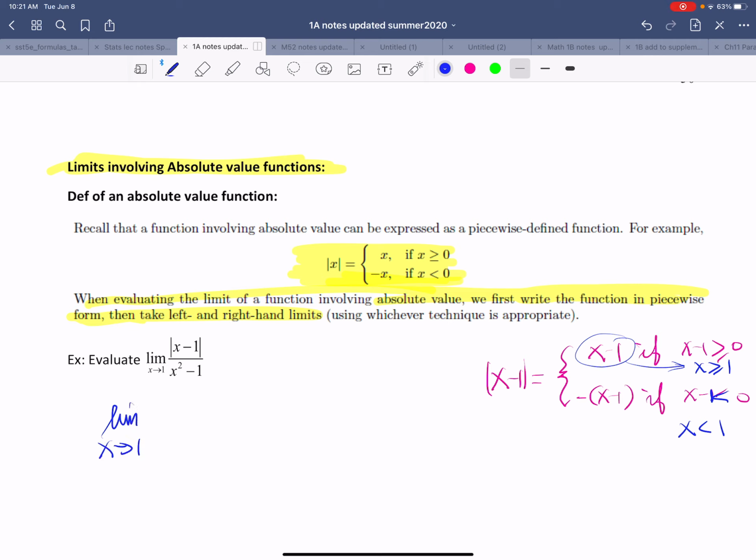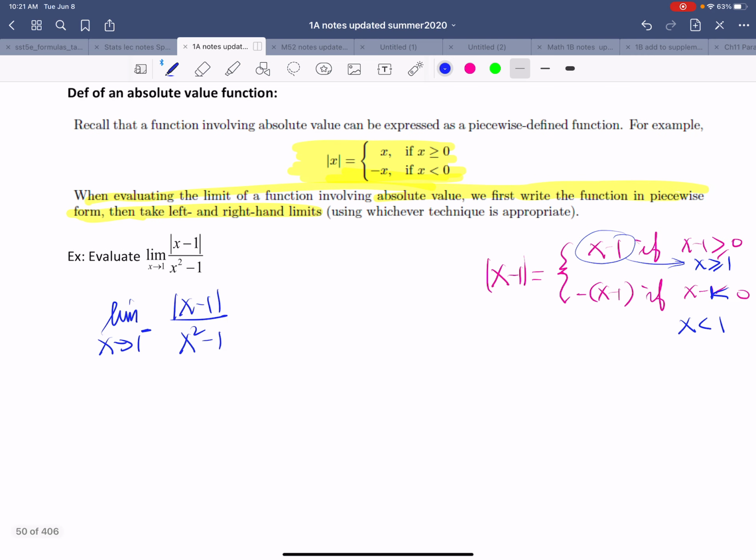Limit as x approaches 1 from the left-hand side of the absolute value of x minus 1 over x squared minus 1. Let's go ahead and split it into two limits. When x is approaching 1 from the left-hand side, what is the absolute value of x minus 1 going to equal?